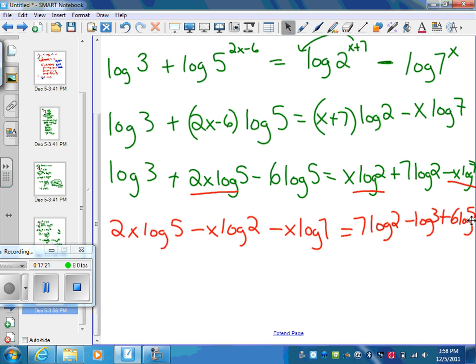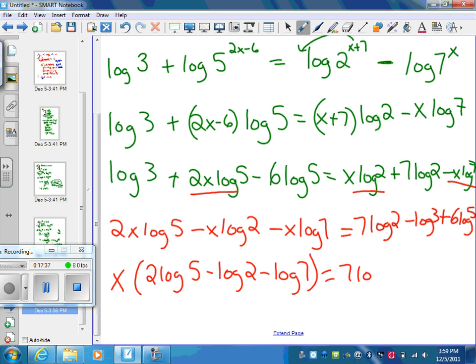Okay, now I'm going to factor out my x here. If I factor out an x, I'm left with 2 log 5 minus log 2 minus log 7, equal to 7 log 2 minus 3 log 3 plus 6 log 5.